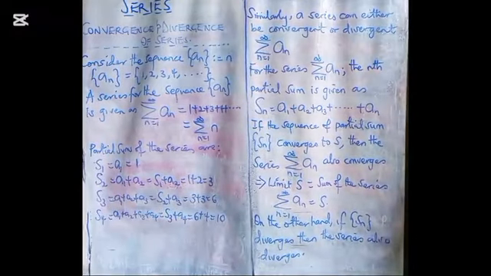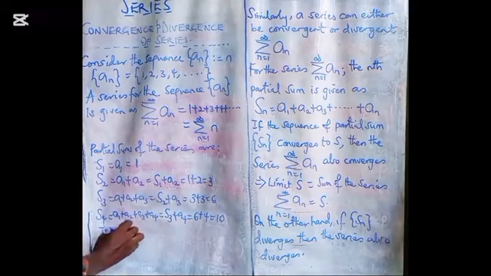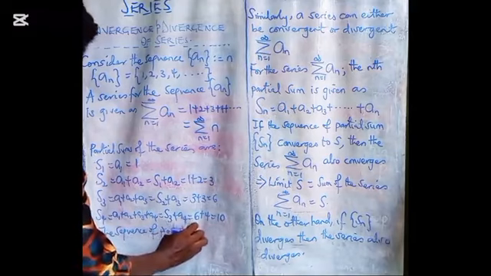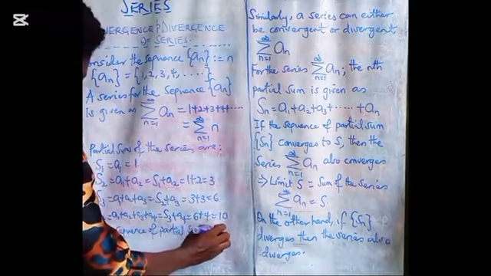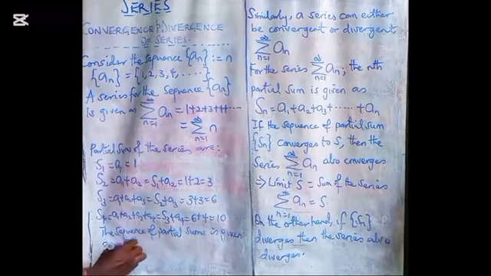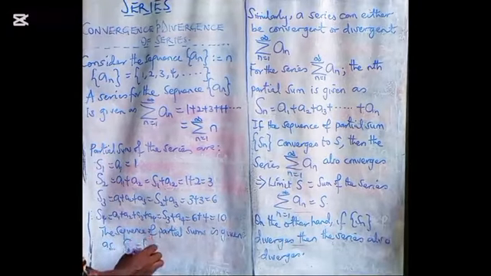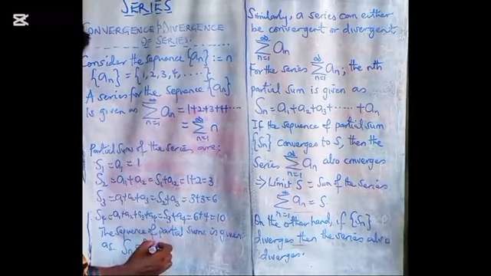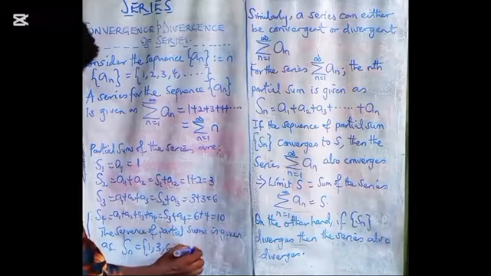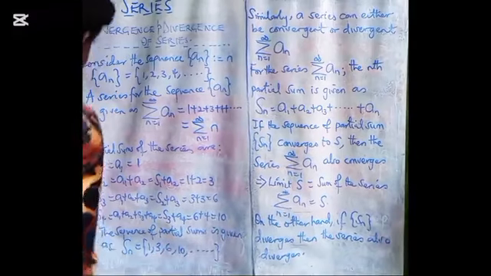The sequence of partial sums is given as S sub n is equal to 1, 3, 6, 10, and like that.